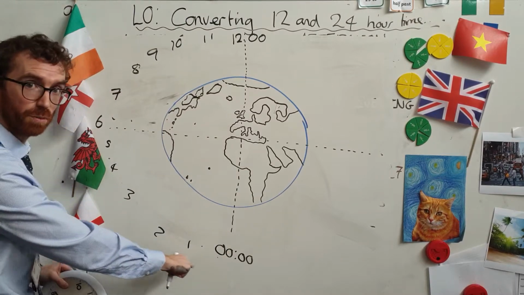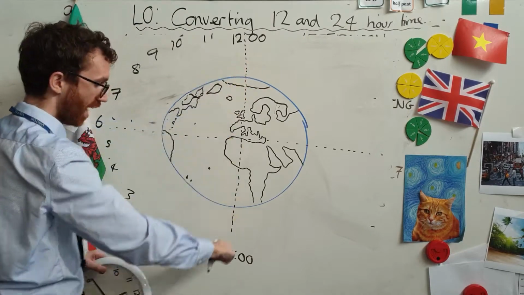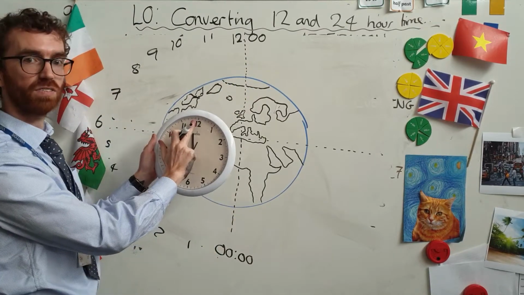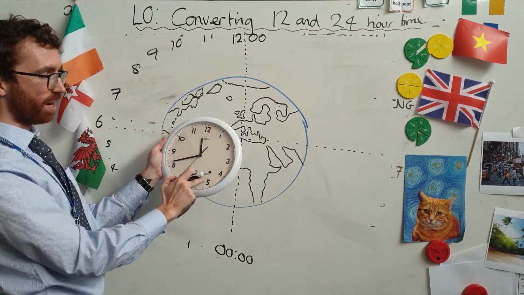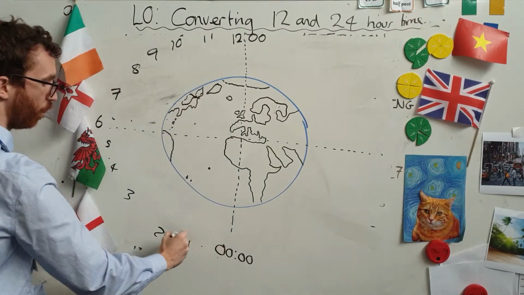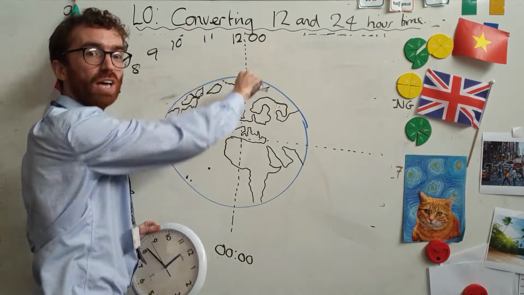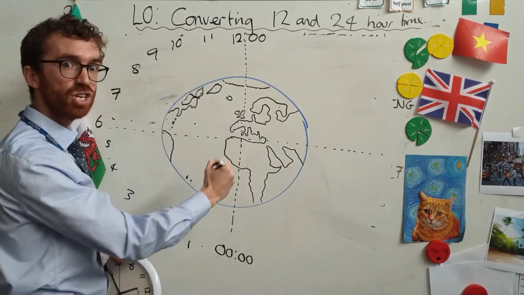And you can see that as I've gone from morning, from the very start of the day, up until midday, that is 12 hours. So here is the start of the day, going all the way around from midnight to lunchtime, that is 12 hours. So that's gone all the way around the clock. Now, on a clock, it looks like this is 1 o'clock again, but in 24-hour time, it just carries on.